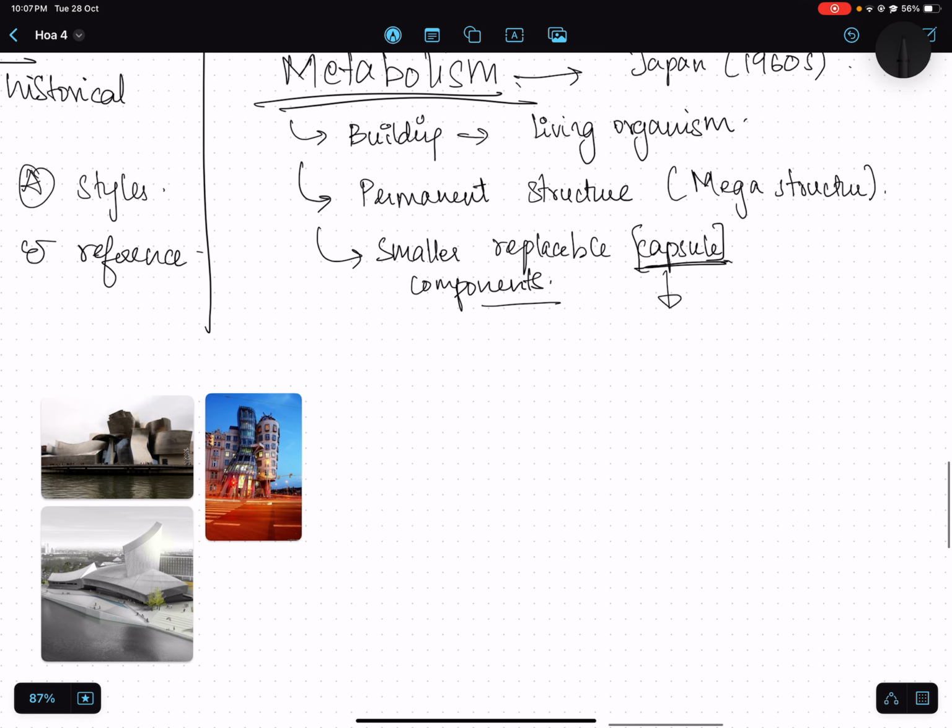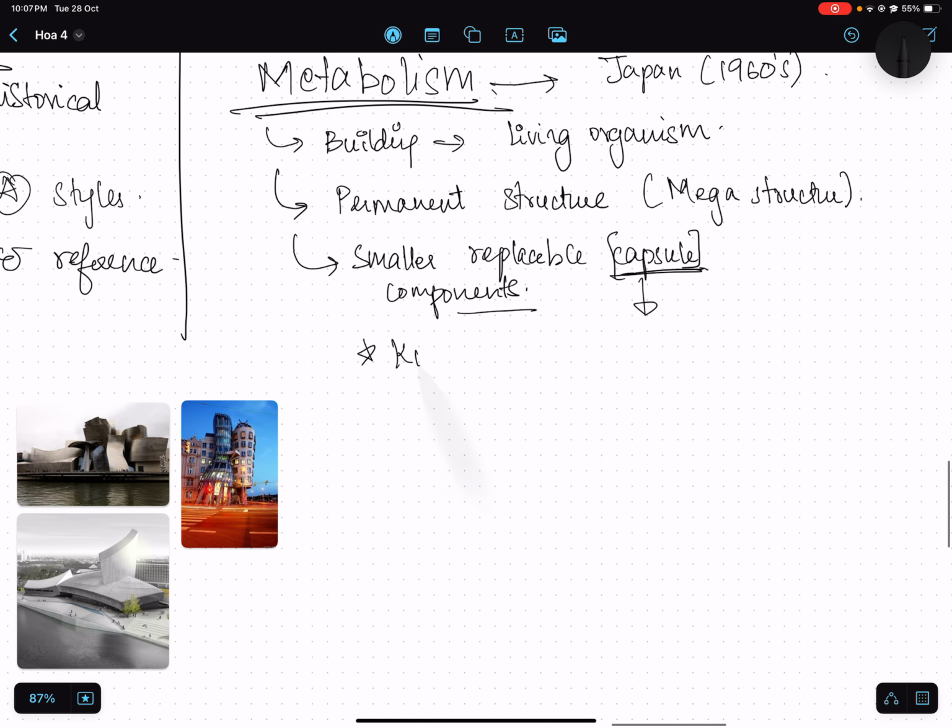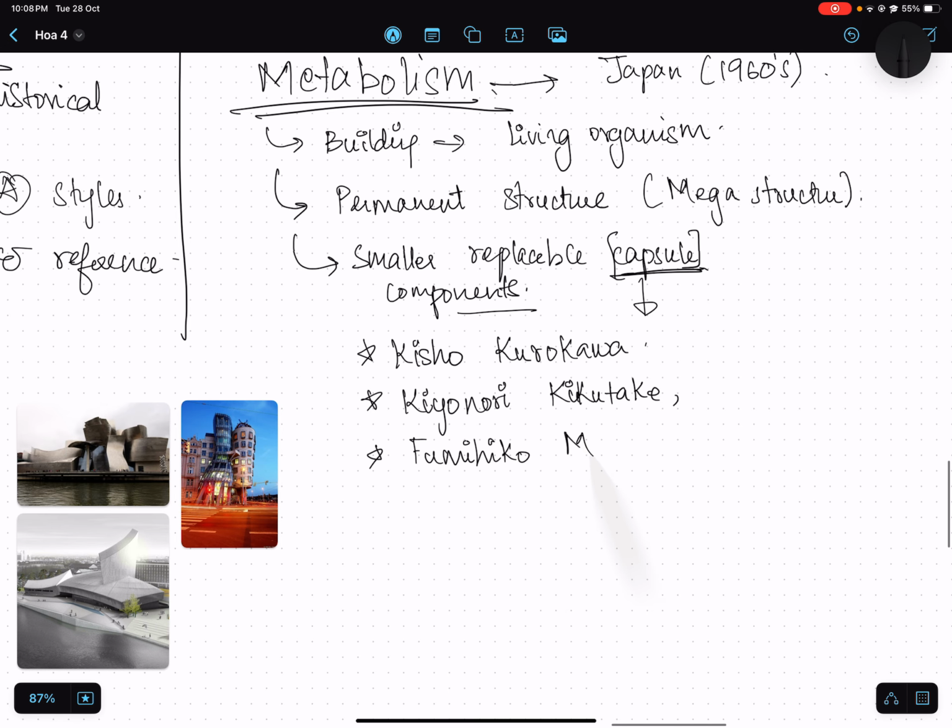And some of the architects that advocated for it are Kisho Kurokawa, Kiyonori Kikutake, Fumihiko Maki, and lastly Kenzo Tange.